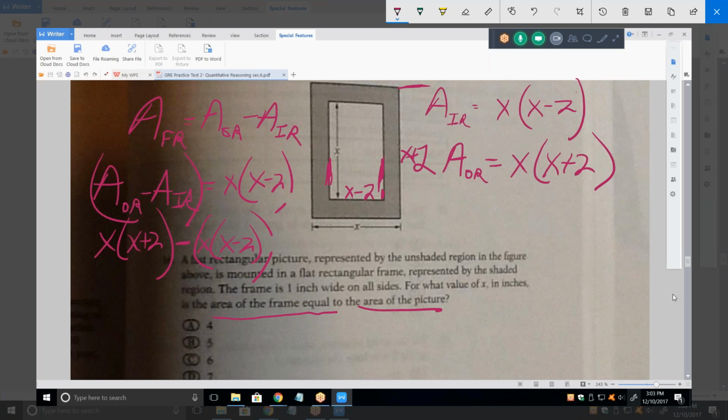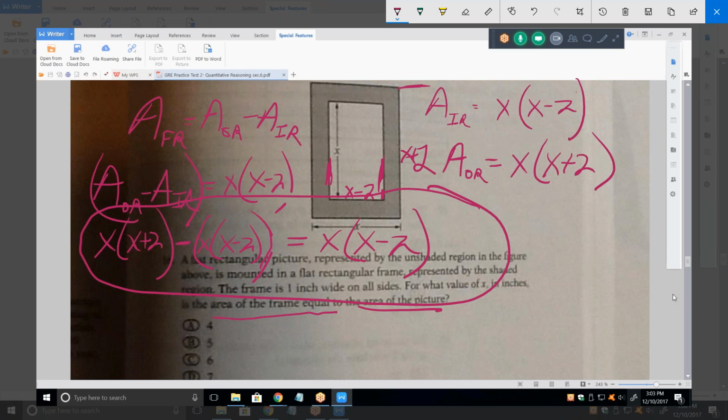And that needs to be equal. That's the area of the frame. It needs to be equal to the area of the inside rectangle. So there is the equation that we have to solve. So I see two numbers that are the same. Well, essentially the inside picture.